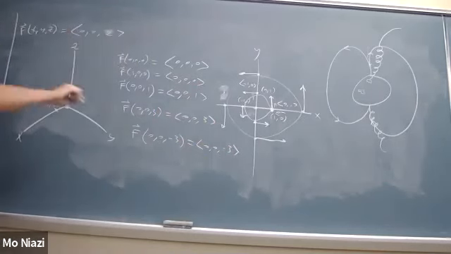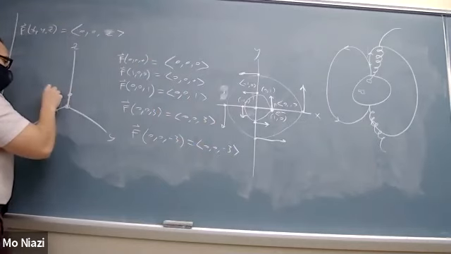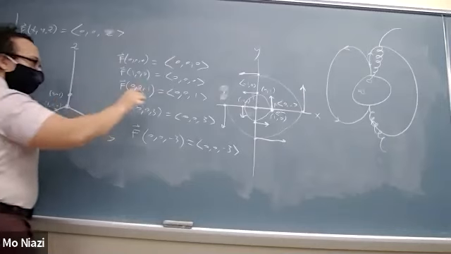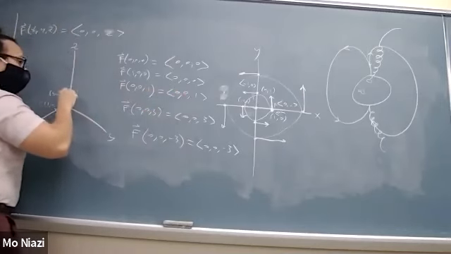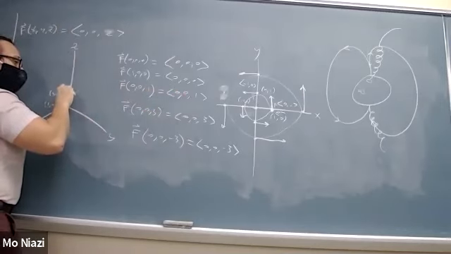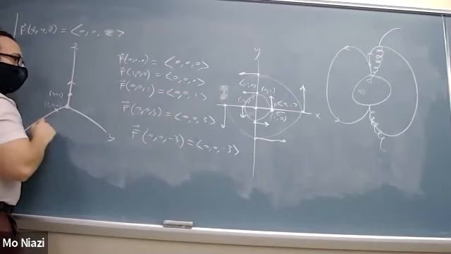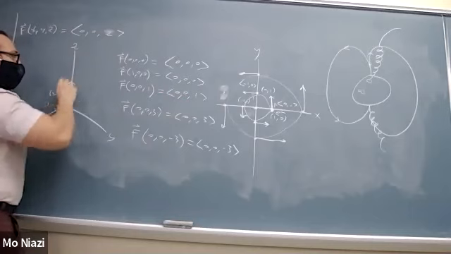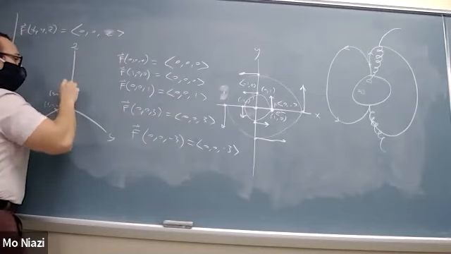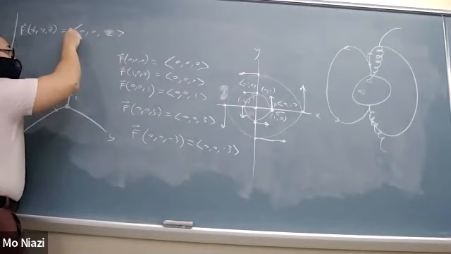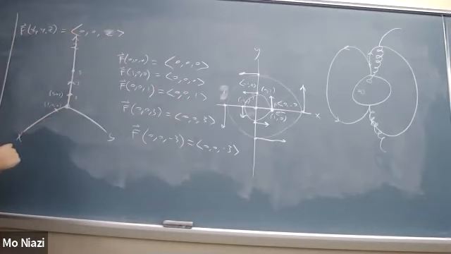So here, at let's say 0, 0, 1, we get a vector that points in 0, 0, 1. So that means it's pointing just straight up. What about at 0, 0, 3? At 0, 0, 3, it's pointing up 3, but it's going straight up.